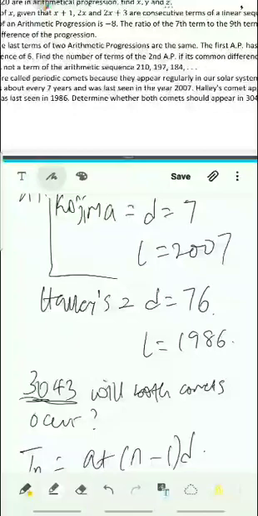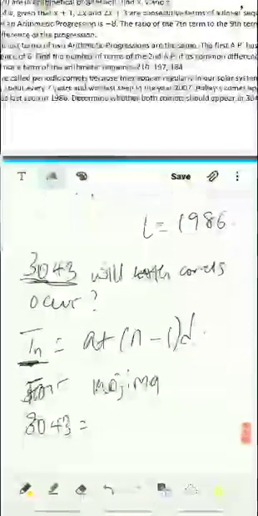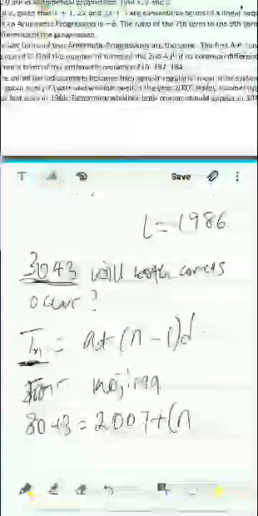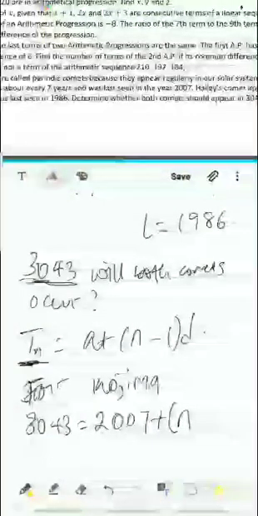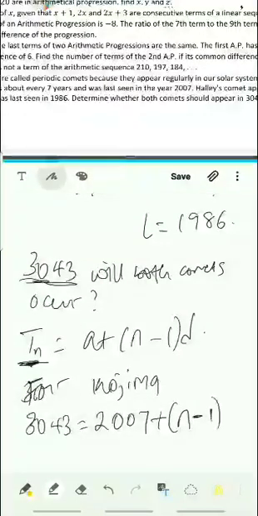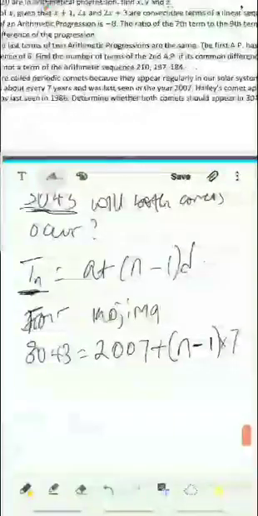So let's use 2007 as our A, plus n minus 1 multiplied by D. N will indicate how many times it will occur before it gets to the year 3043, if it's even going to occur at all. The difference D is 7.